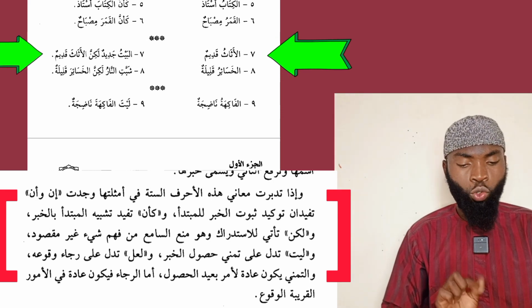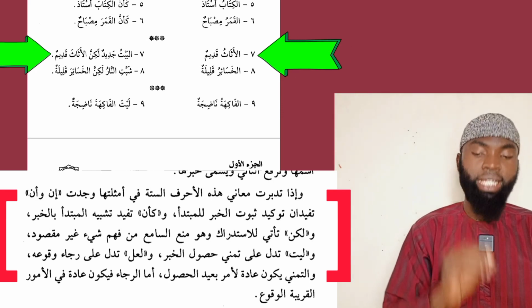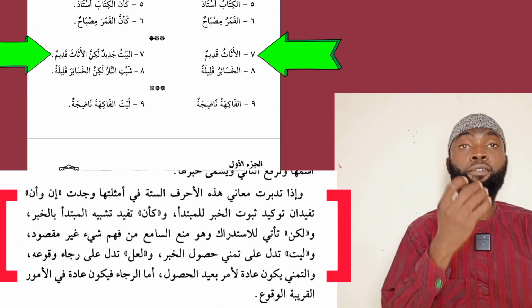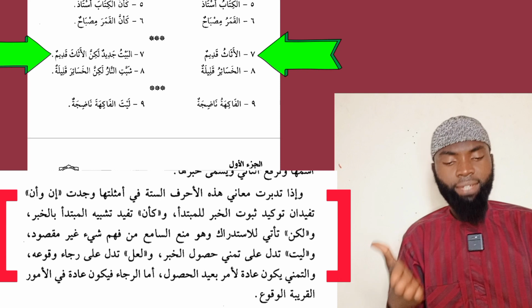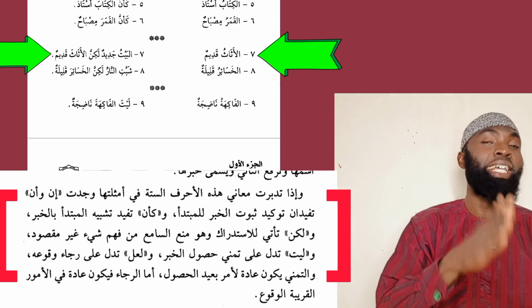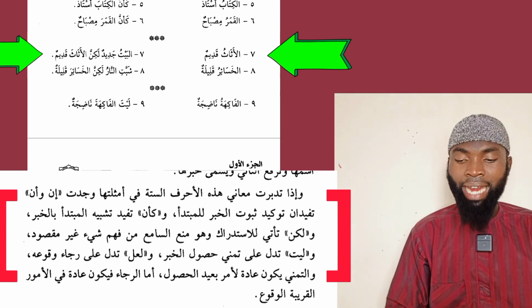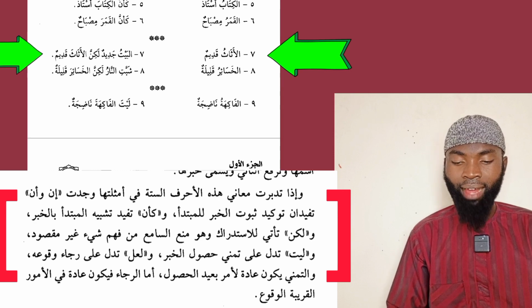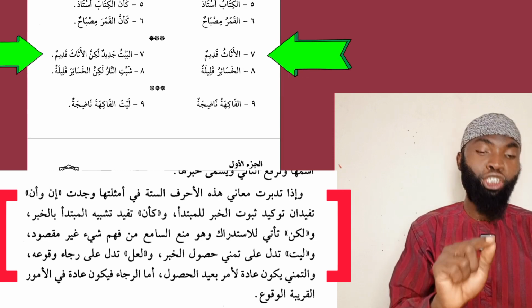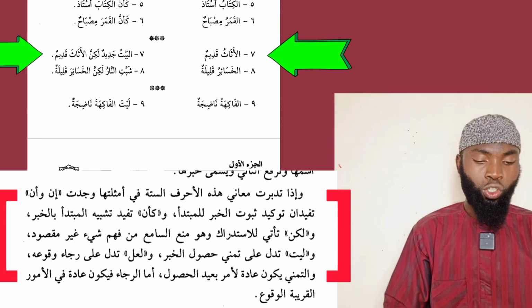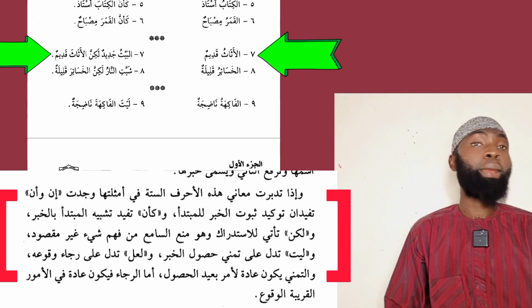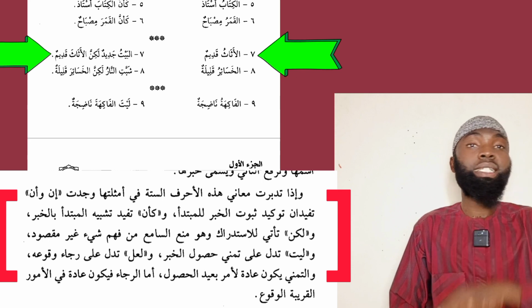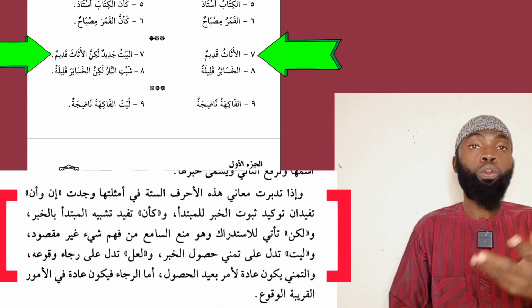And look at example number 7. We have al-athathu qadimun. The chair or the furniture is old. But on the left hand side we have al-baytu jadidun. The house is new. Lakinnal athatha qadimun, but the furniture is old. When you tell somebody that al-baytu jadidun, that the house is new, this person may be thinking that since the house is new, the furniture should also be new.